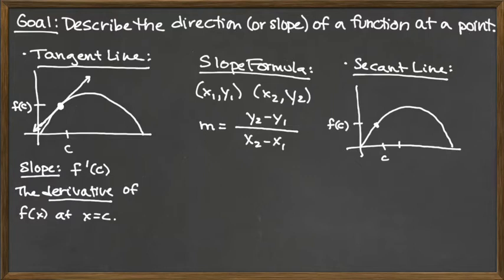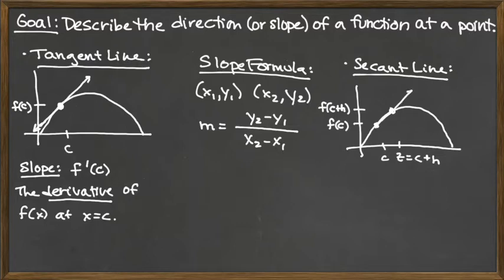Let's call that new x value z. z is going to be c plus a little bit. That little bit is defined to be h for our notation. So we've got this second x value, which gives us a second output value, f of c plus h.